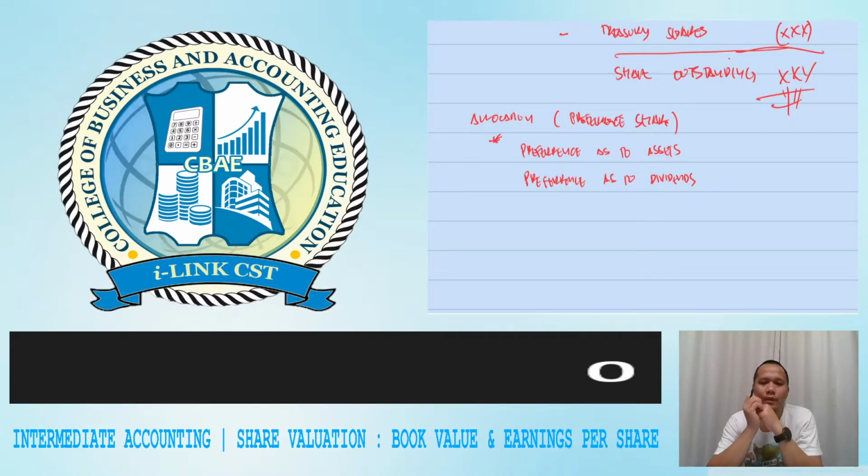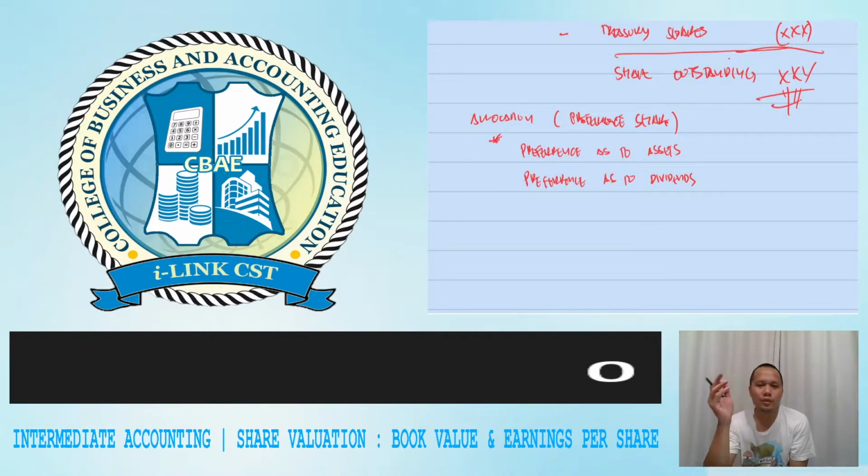Because yun nga, yung asset natin, after paying your liability, dapat bayaran muna yung dividends ng preference share or dapat bayaran muna yung mga preference shares. Okay? Automatic. Okay? Walang distinction.